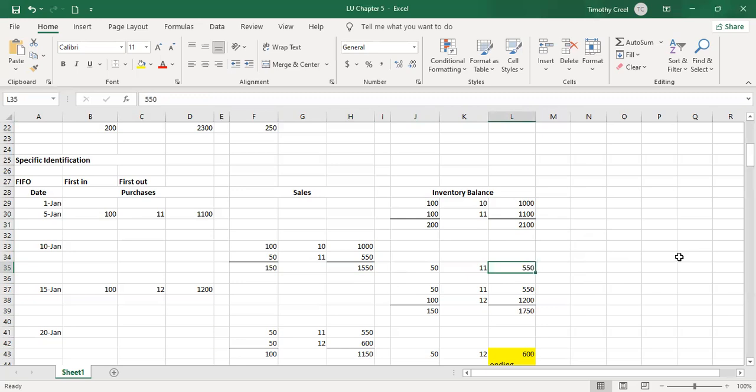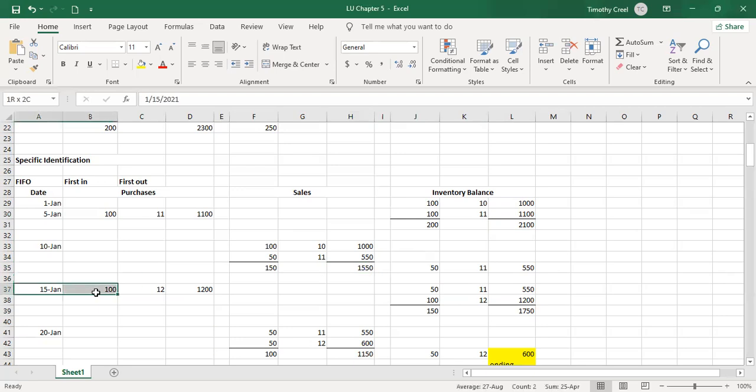So whatever you had that was available before the sale, after the sale is either sold as part of cost of goods sold or is still in inventory. So these three will always equal. After every sale, that's always going to equal. So that's just a check figure for you.